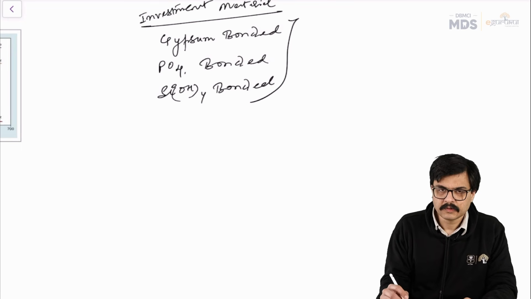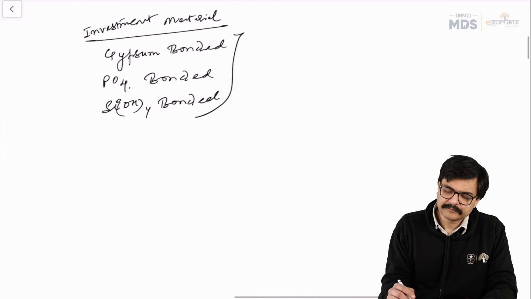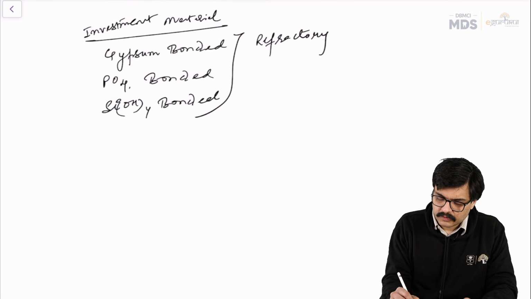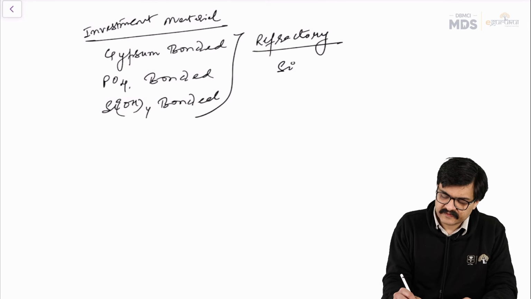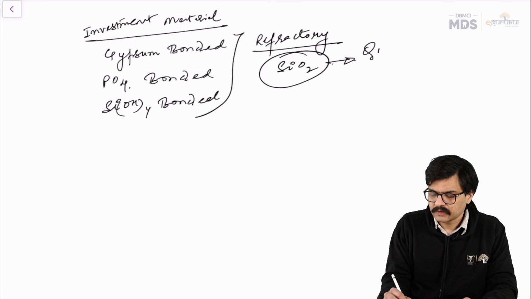Irrespective of what material we have, we do need a refractory material. Now refractory material is basically silica in its various allotropic forms, and the most commonly used are quartz and cristobalite.